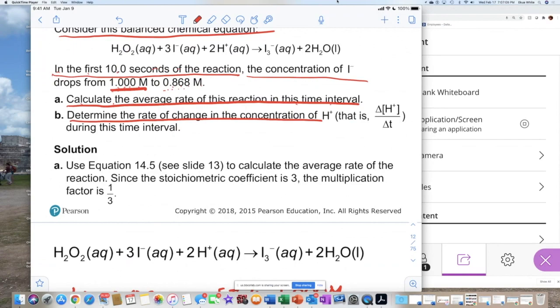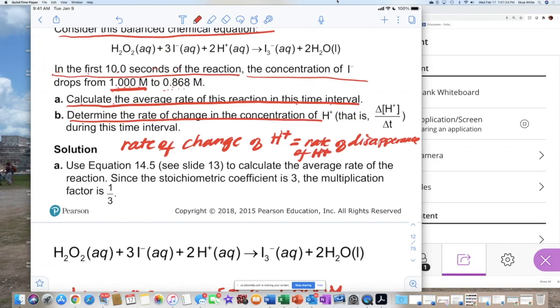So the rate of change of H plus is the same thing as rate of disappearance of H plus. Okay, they could ask you this way like they asked, or they could ask you this way and you'll be solving for the same thing.